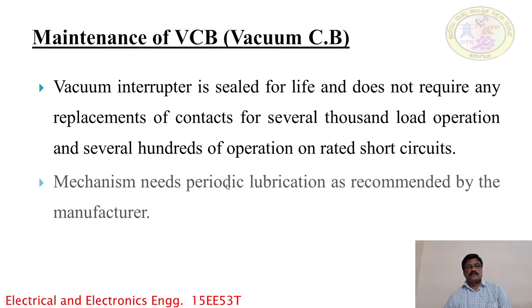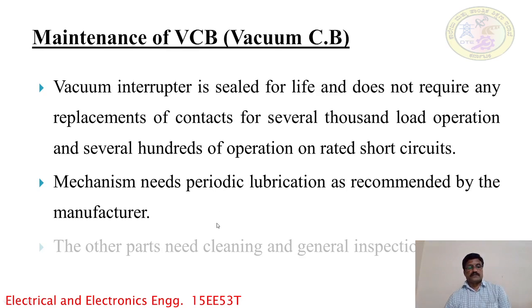The second point is the mechanism needs periodic lubrication. Definitely every circuit breaker has its own tripping mechanism. So these mechanisms should be periodically lubricated as recommended by the manufacturer.